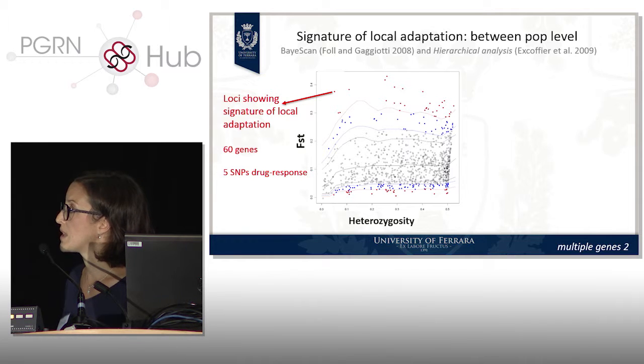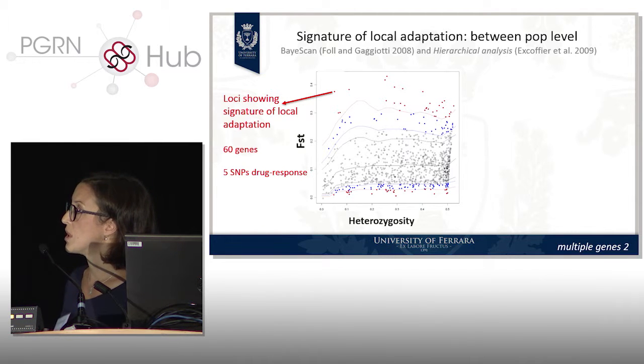What you are doing, basically, is calculating confidence intervals based on coalescent simulation or trained by neutral data. We used neutral data here. And then you find SNPs that are outliers in this pattern, so those that have a higher than expected amount of genetic diversity conditional on the level of heterozygosity.